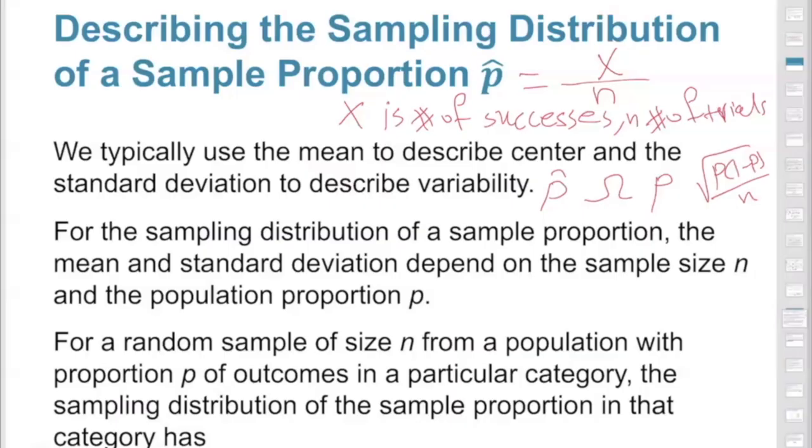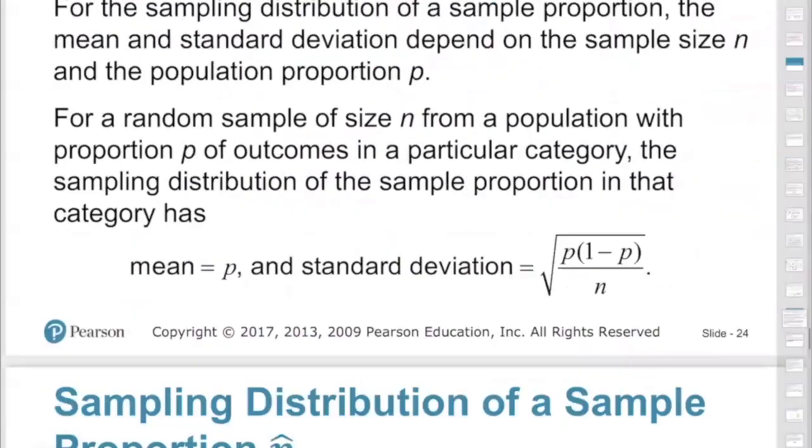X bar, according to the central limit theorem, is also normally distributed with mean mu and standard deviation sigma divided by square root of N. Same thing here. p hat is normally distributed as well, with mean P and standard deviation square root of P times 1 minus P divided by N. So this is the mean and the standard deviation of the sample proportion.